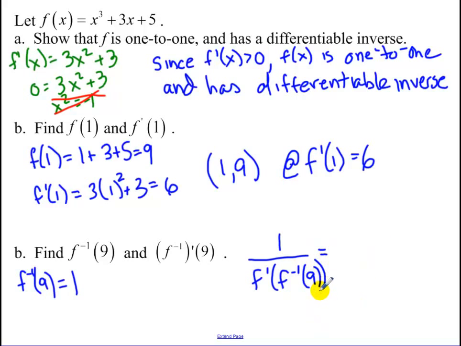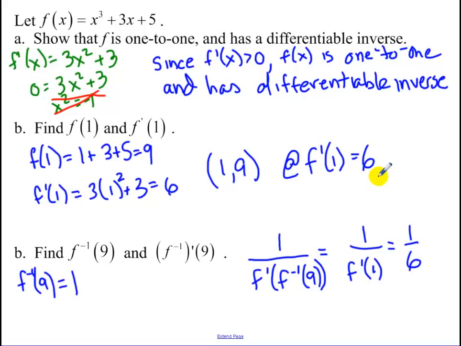f inverse of 9. f inverse of 9 was 1, so 1 over f prime of 1, which was 6. So if you think about it, at this point (1, 9) on the function, we found our derivative to be 6.